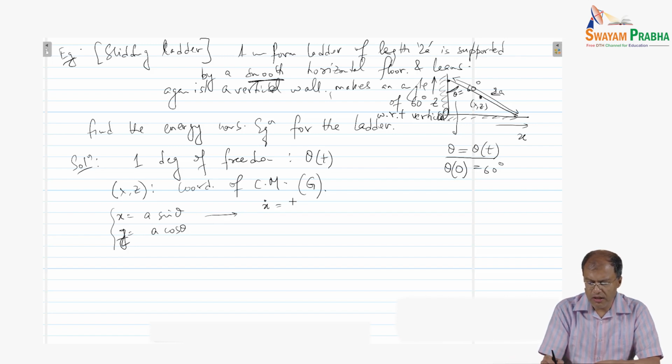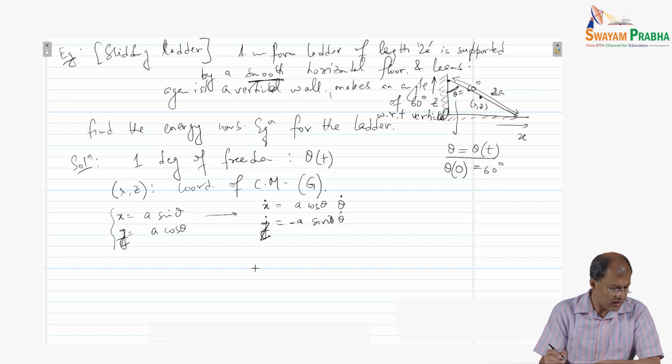So x dot is a cos theta times theta dot, and z dot is a sine theta times theta dot, with a minus sign.